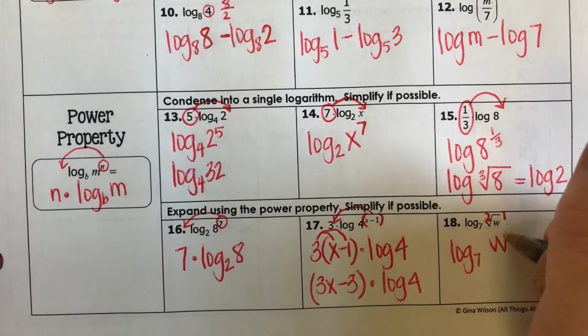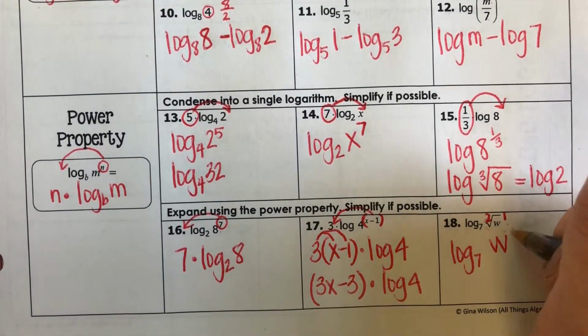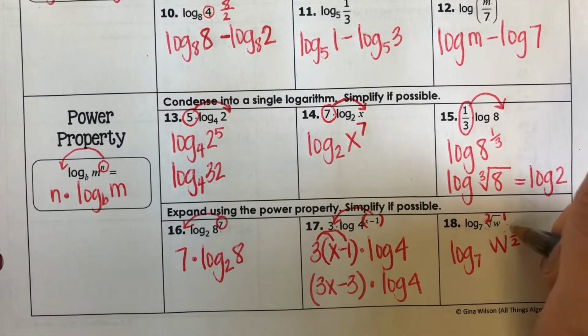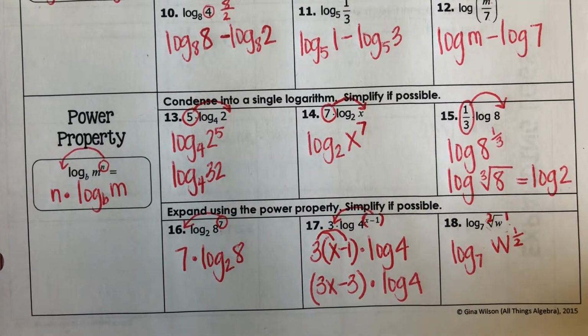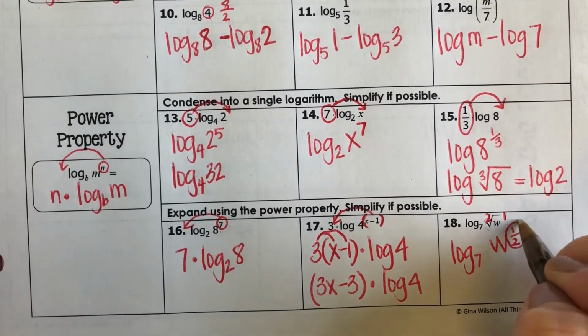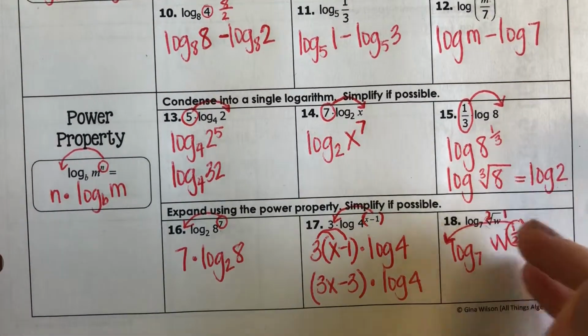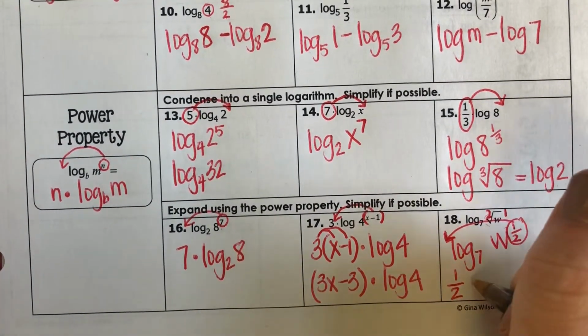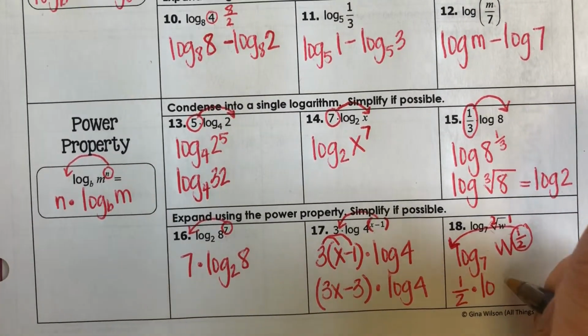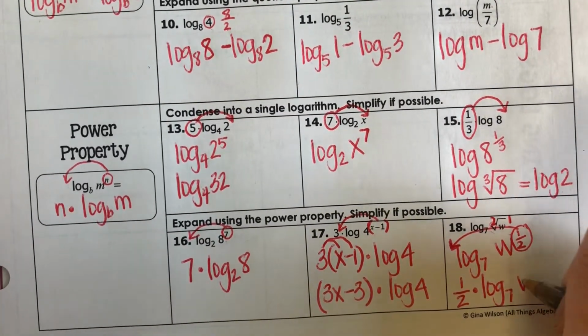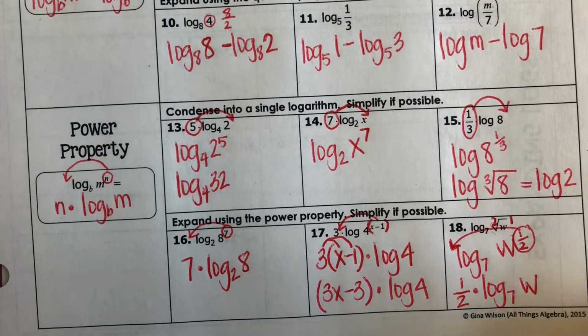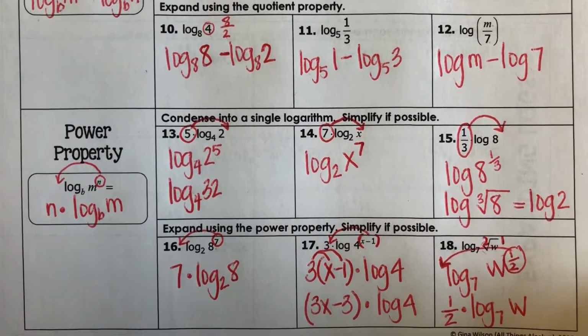So this can be rewritten as log base 7 of w to the 1/2 power. Now this exponent of 1/2 can get brought out front, and that would be 1/2 times log base 7 of w. Okay? So those are my basic properties.